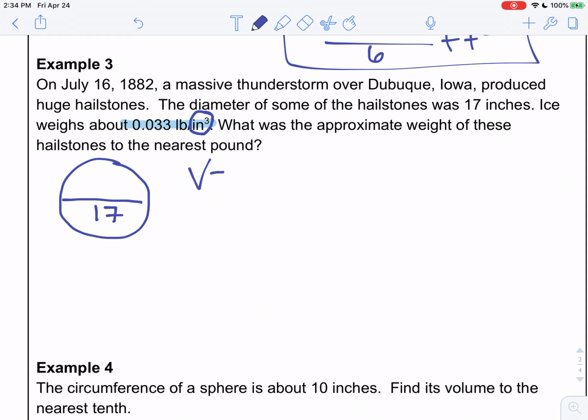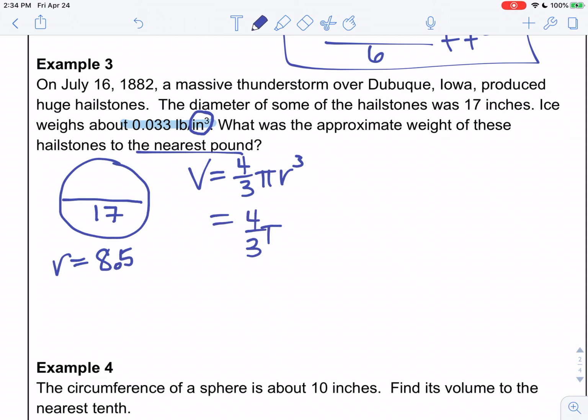So we're thinking volume equals 4/3 pi r cubed. It doesn't say anything about exact. In fact, we are rounding to the nearest pound, so I'm going to keep things in terms of a decimal. That's just fine. So my radius is 17 halves, or 8.5.